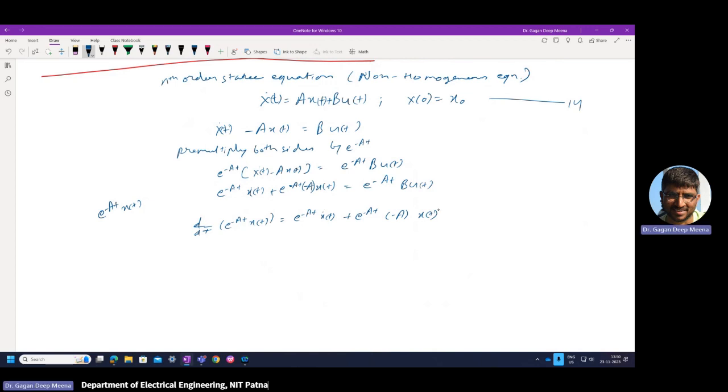So from these two equations, let me just number these two equations. I'll write it 15 and I'll write it 16 here.